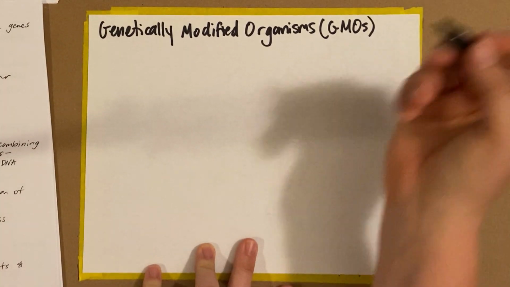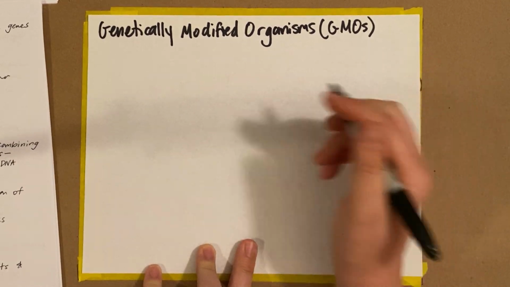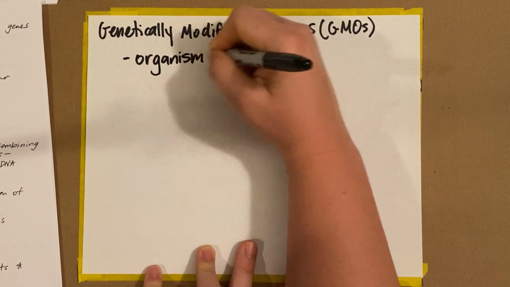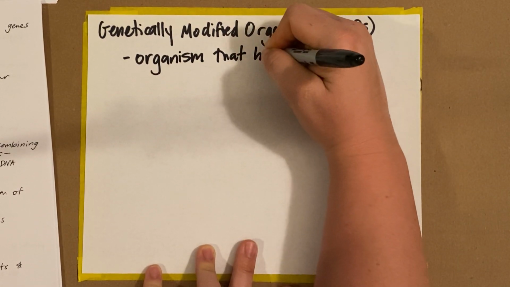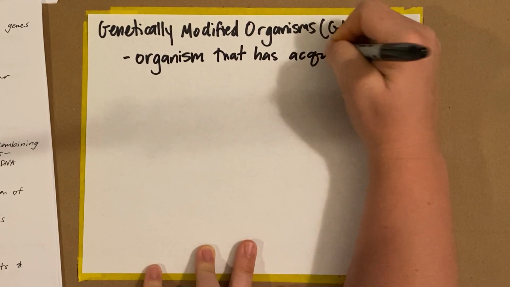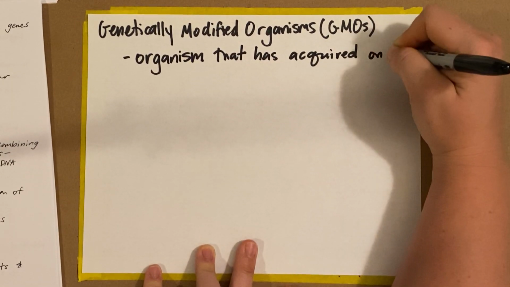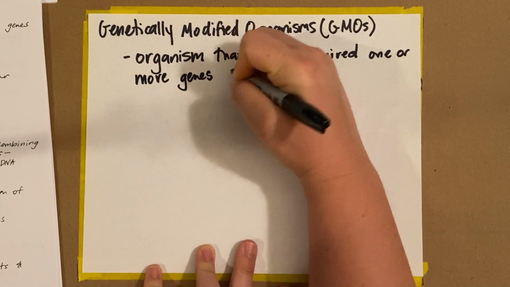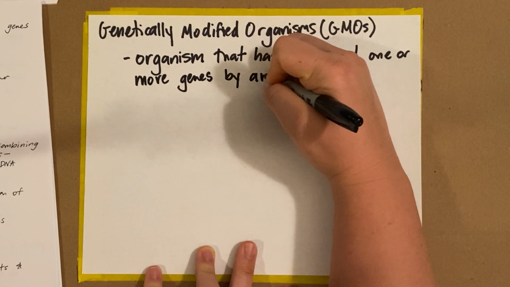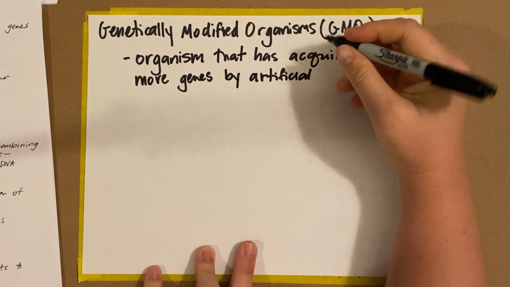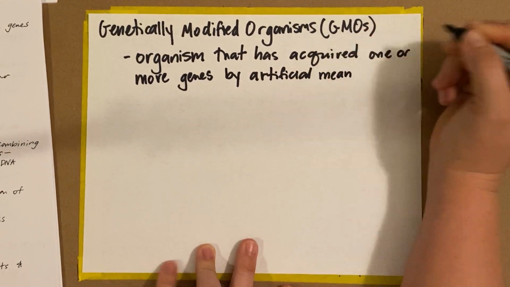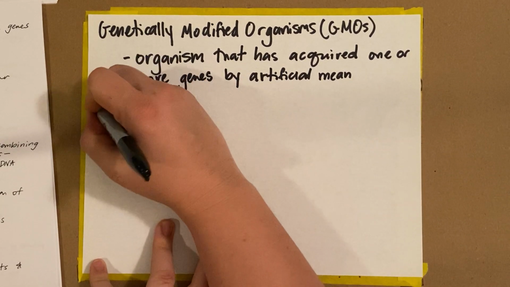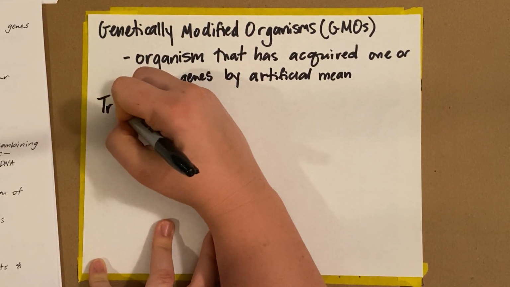Okay, and so what a GMO, or a genetically modified organism, is defined as is an organism that has acquired one or more genes by artificial means. So that means that humans are putting these different genes into other organisms, okay? There's also a different term called a transgenic organism.